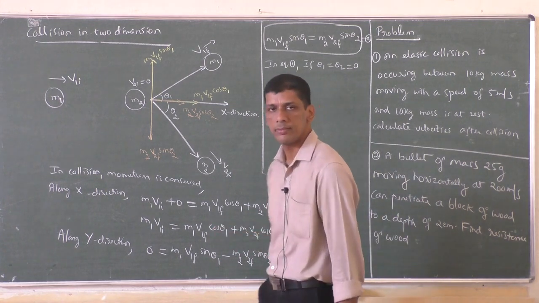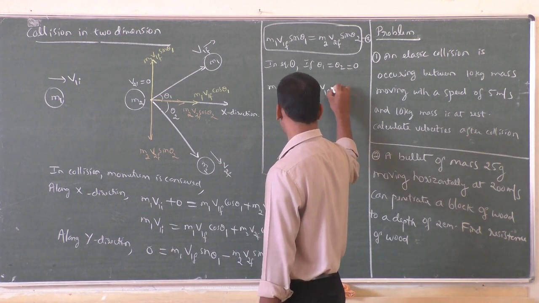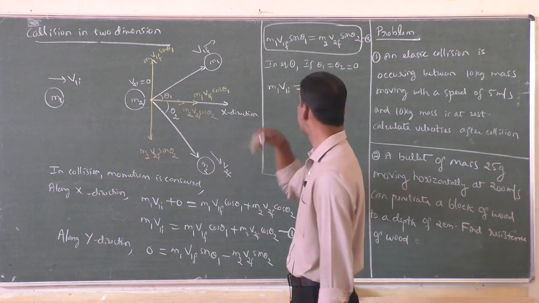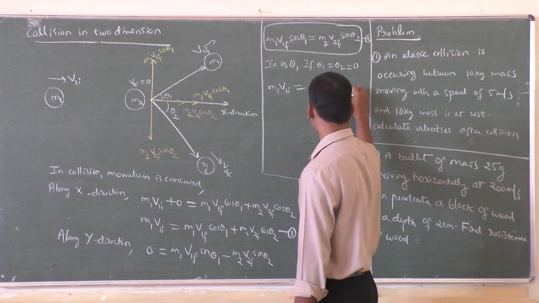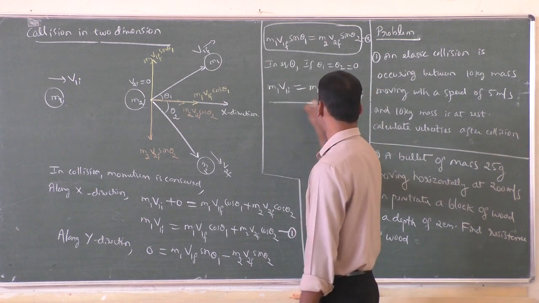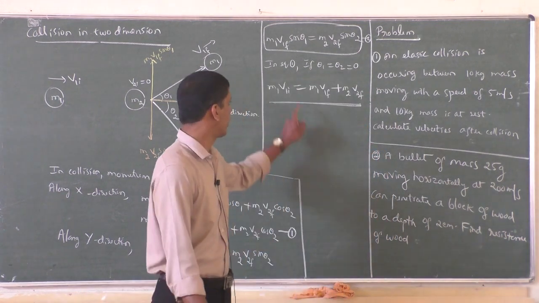Cos 0 means 1. Plus cos theta 2, theta 2 is also 0, and cos 0 is nothing but 1. So we get m2 v2f. So equation number 1 reduces to this one.